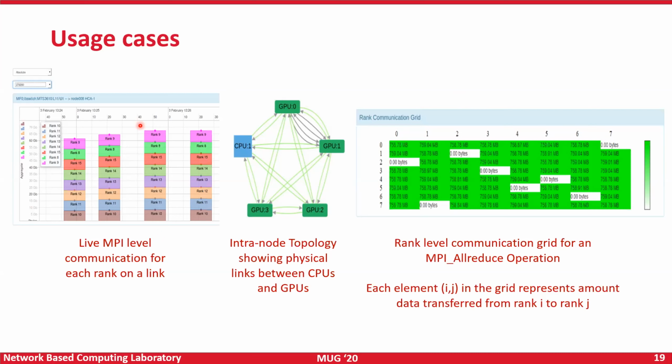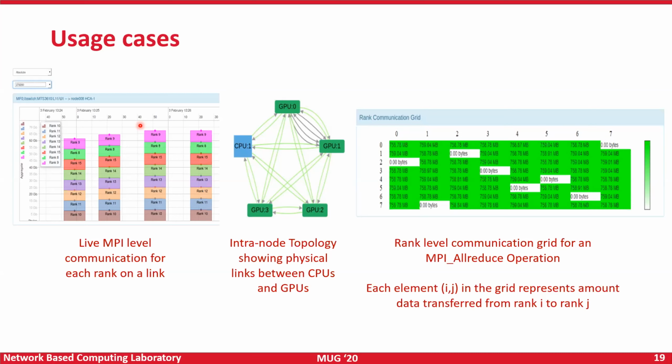But because INAM correlates information from the MPI library and the network, it can tell you, hey, on this particular link, you had job A and job B sending data, and process A of job A was sending data at the same time process B belonging to job B was also sending data.